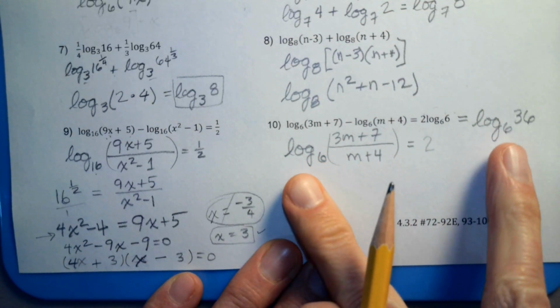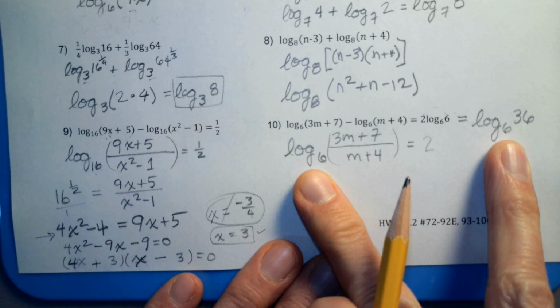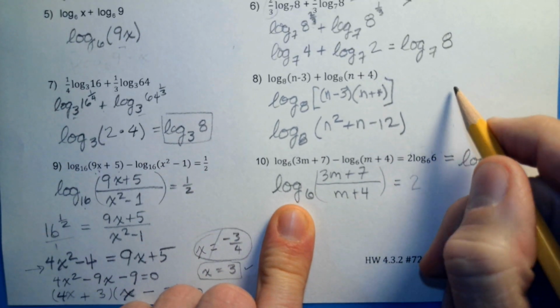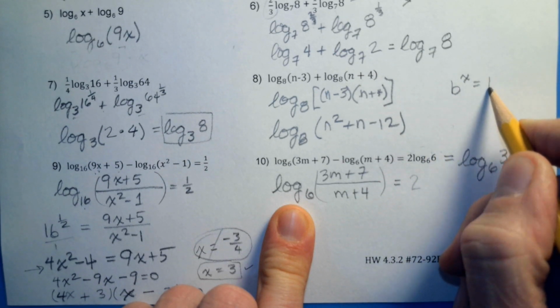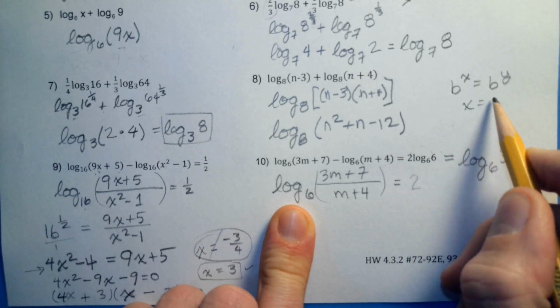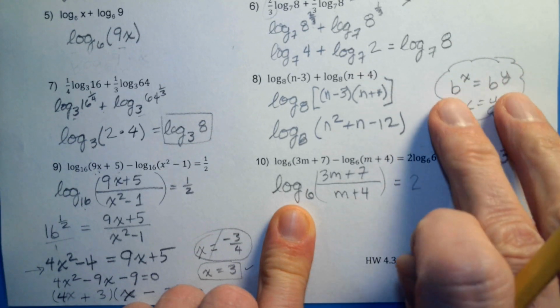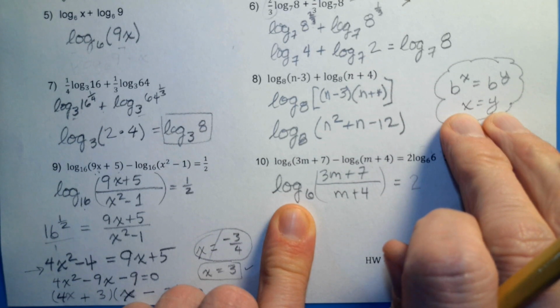Now, it's interesting that we have these two things equal to each other. And we haven't really gotten this rule yet, but eventually we'll get to a point where, remember, if I have base raised to the x power equals base raised to the y power, then I can say x equals y. That was one of our rules for exponents, right? If the bases are the same, then the exponents have to be equal.